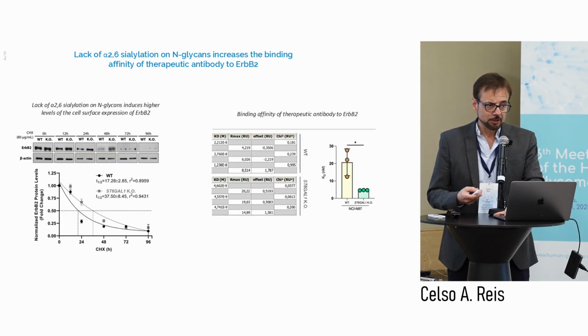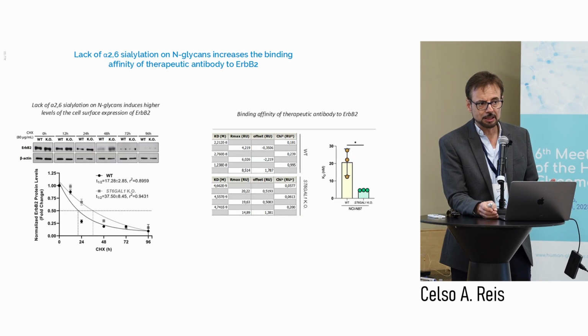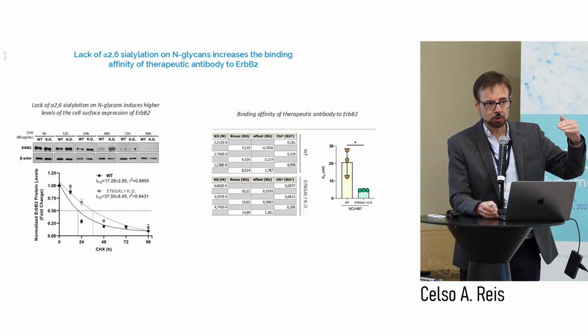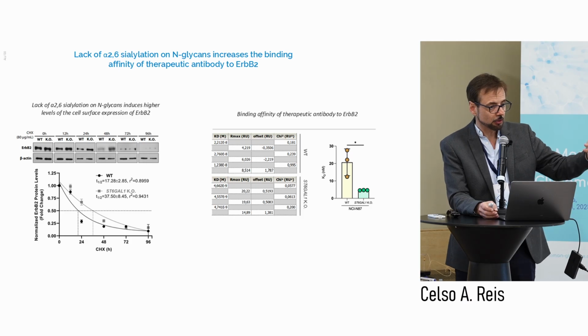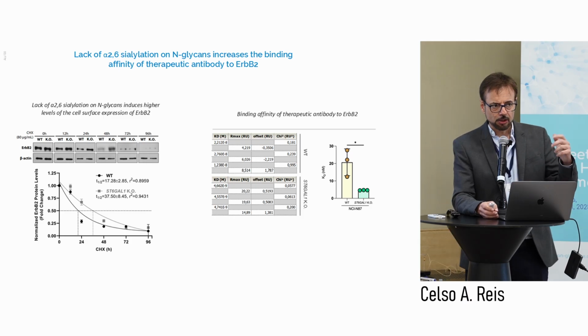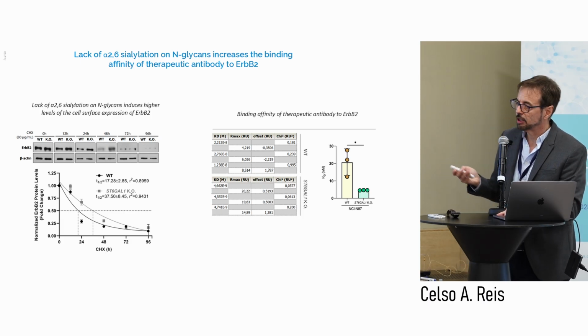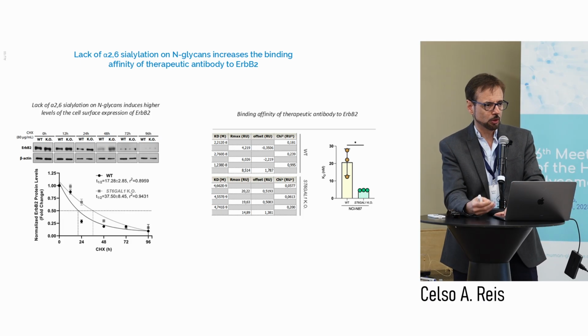It turns out that this may be mediated by different mechanisms. One could be the time of exposure of the receptor at the membrane of the cell, and the other mechanism that we are dissecting now is related to the affinity of the antibody towards the epitope in the target protein.